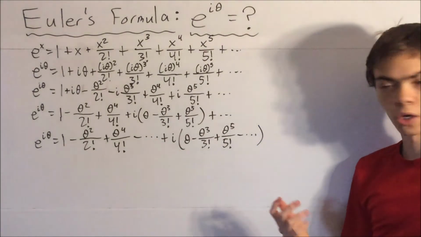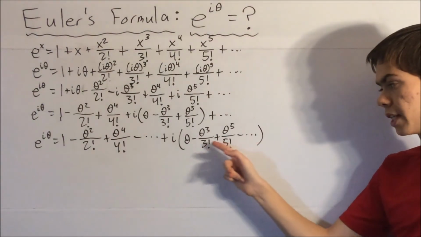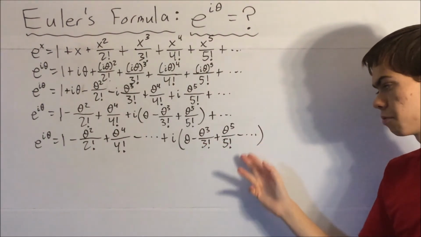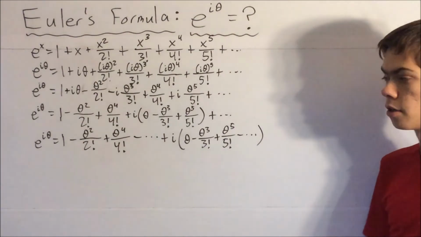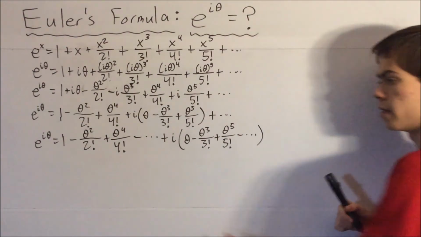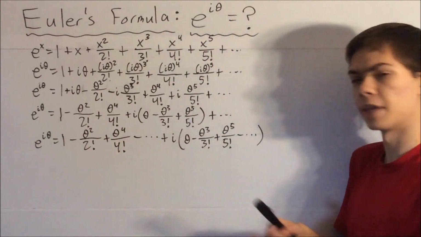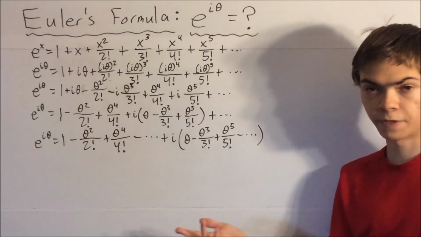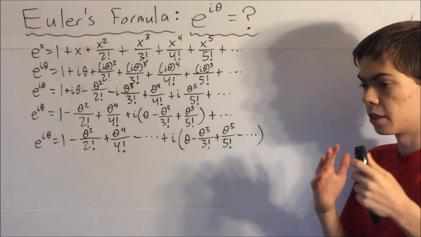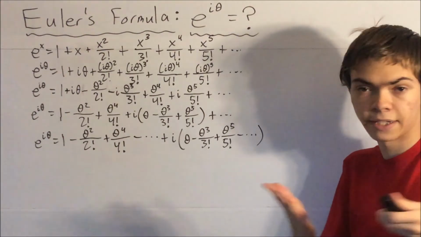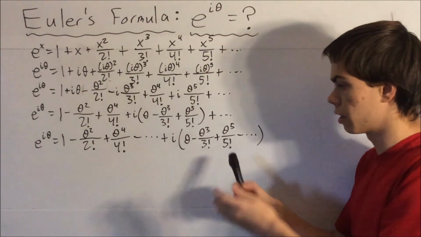And the same thing occurs for the i's. There's going to be an alternating sign, and things will keep following the same pattern. As a result, what we have here is equal to the cosine of theta, because that's what we saw in the previous video when we figured out cosine of x as a polynomial and sine of x as a polynomial.